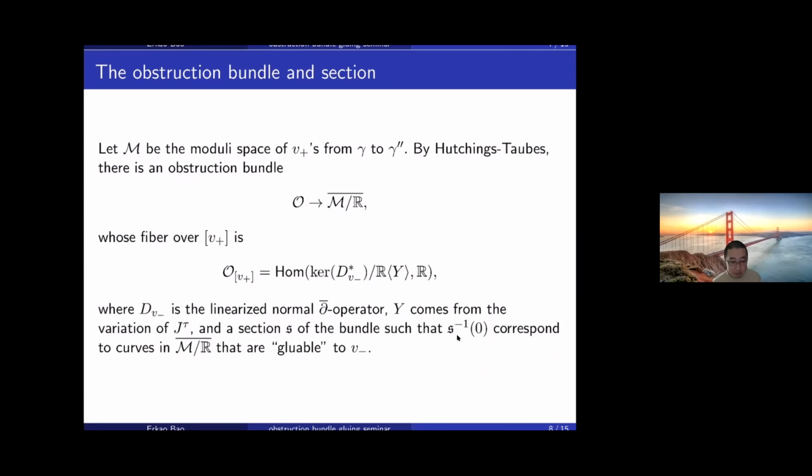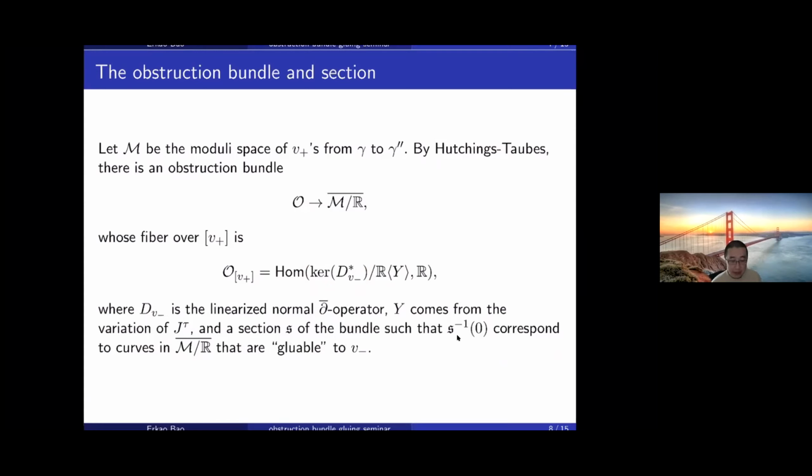There's a slight difference: inside this space, which is a k-dimensional vector space, there is a special one-dimensional space spanned by a vector y. I denote it by R of y. So we need to quotient out that one-dimensional space.